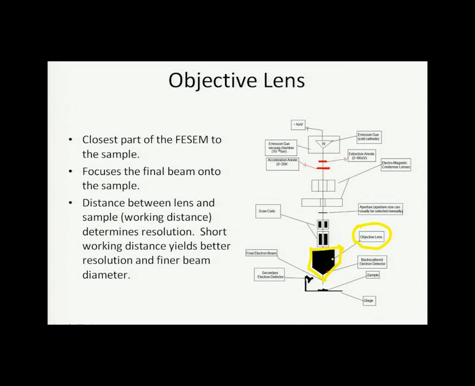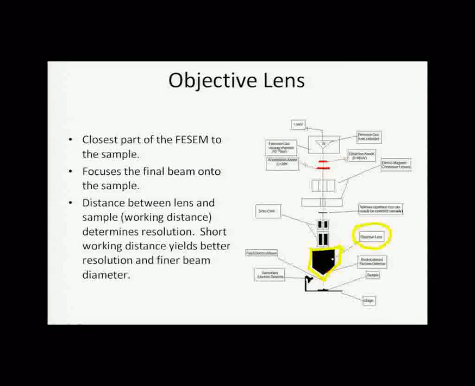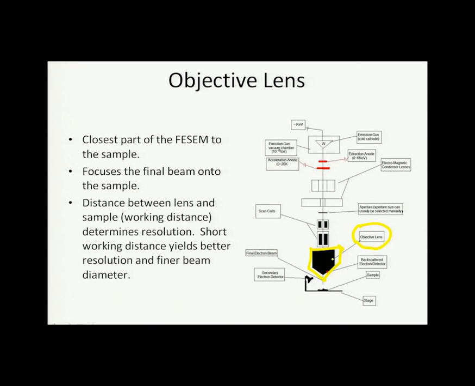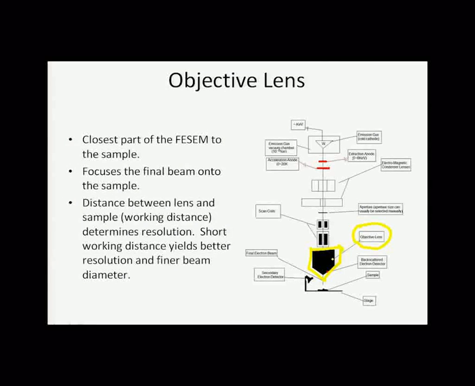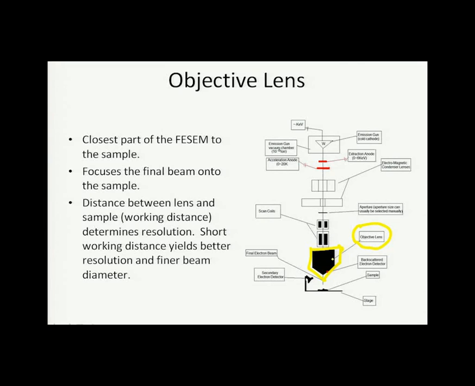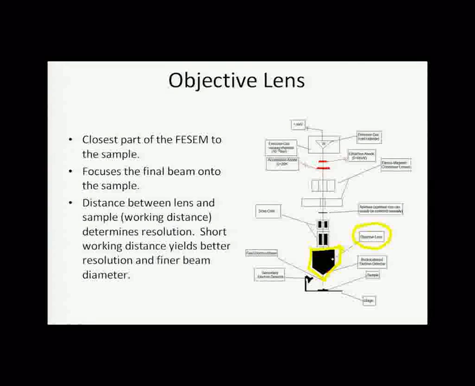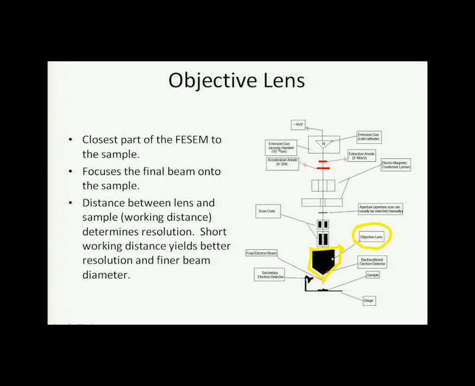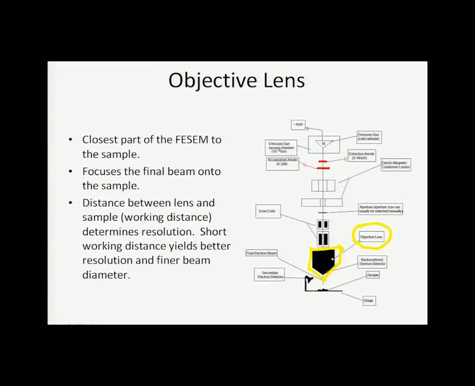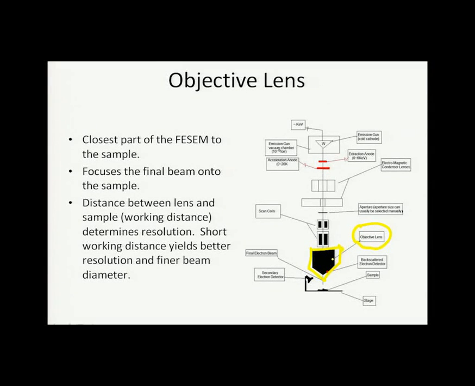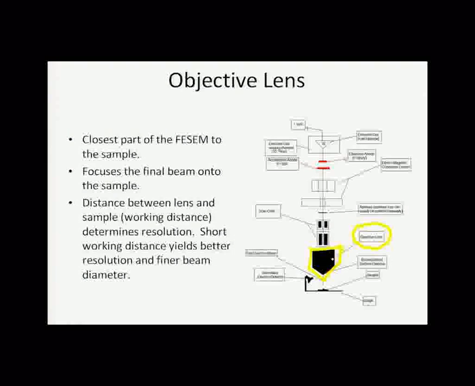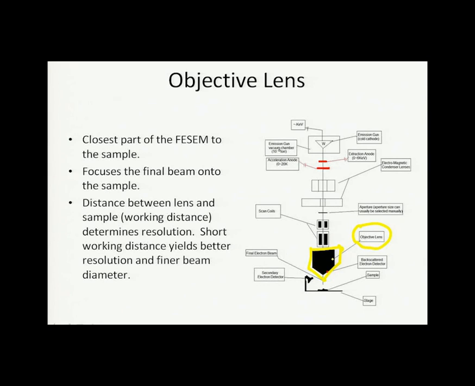I mean, there are other factors like spot size, beam current, and others, but a short working distance typically yields better resolution and a smaller or finer beam diameter. So your working distance is literally the distance between the bottom of your objective lens and your sample when your image is in focus.